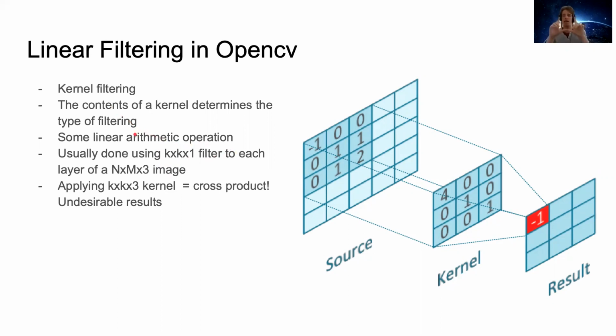Where we apply that kernel to a single pixel on the actual image. The contents of the kernel determines the filtering. So if you want to apply different filtering algorithms, the literal numerical values in that kernel are going to change, and mathematically we can prove the different effects of those filters, right?